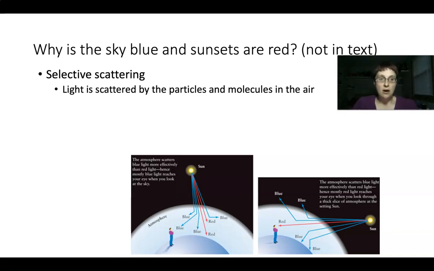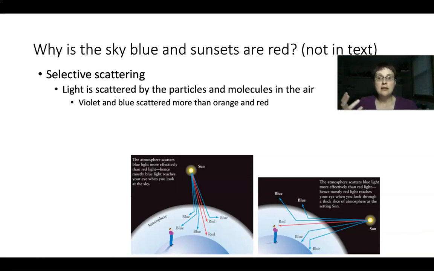And some of those light rays are going to get scattered more easily than others. Violet and blue get scattered more than oranges and reds. So the higher energy portions of the visible spectrum are going to scatter more than the lower energy ones.